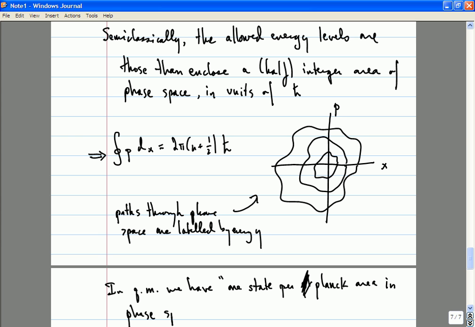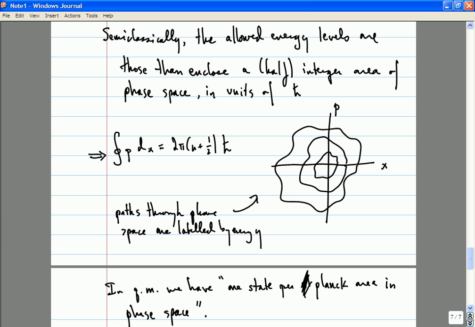If you want to think about quantum mechanics semi-classically, you should think of the phase space of your system, the XP plane, and you should think of dividing it up into little cells, each of which have area h bar. And each one of those cells will give you a quantum state.